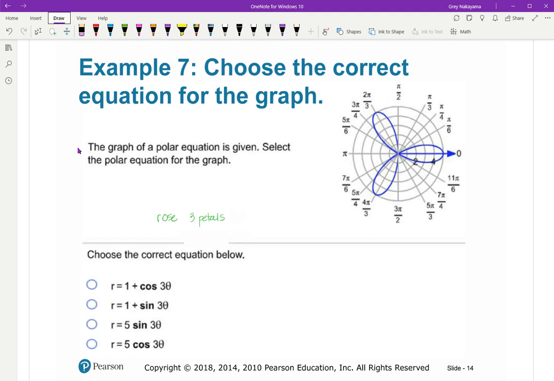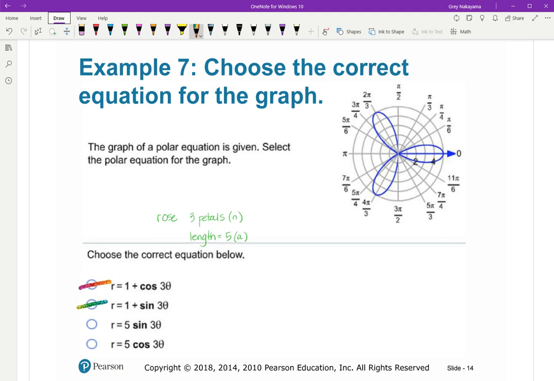It has 3 petals, and that means that in front of my theta is going to be a 3. Well, they all have a 3, so we didn't really need to know that. All right, what is the length of the petal? 1, 2, 3, 4, 5. So I'm going to have a 5 in front. That is my A value. So that means that knocks out this guy and this guy.